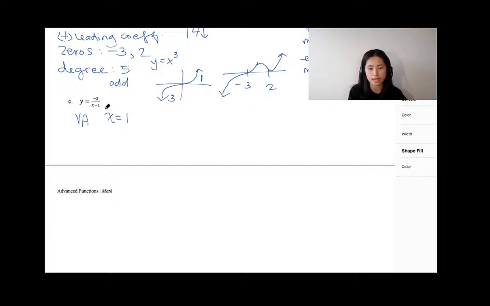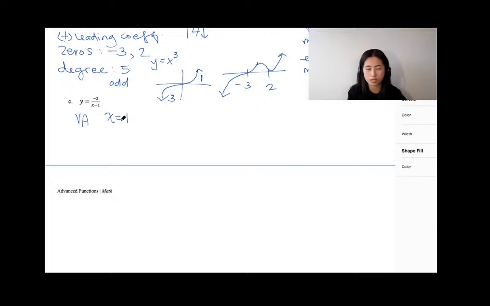And how do I know it's x is equal to 1? Well, if it's in your denominator, that's going to be your vertical asymptote. The reason for that is if you have, let's say, -2 over infinity, how do I know this is approaching infinity? Because at your vertical asymptote, you don't have your function existing. So x is equal to 1.